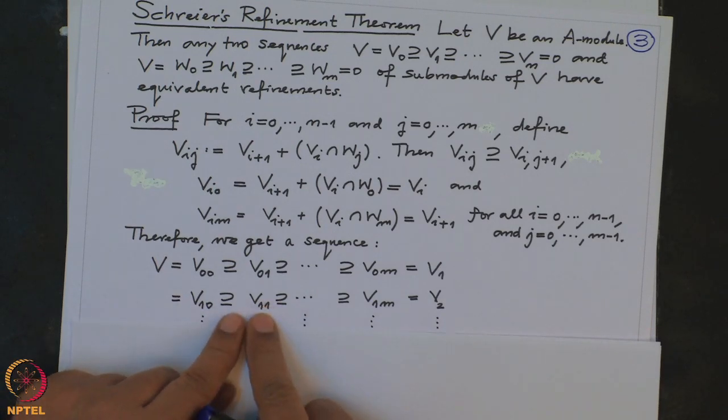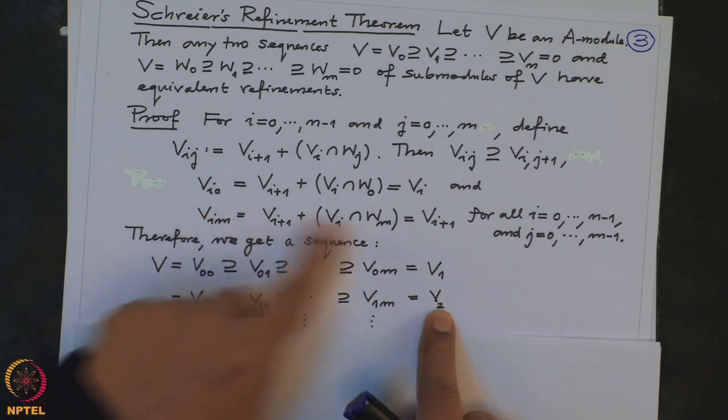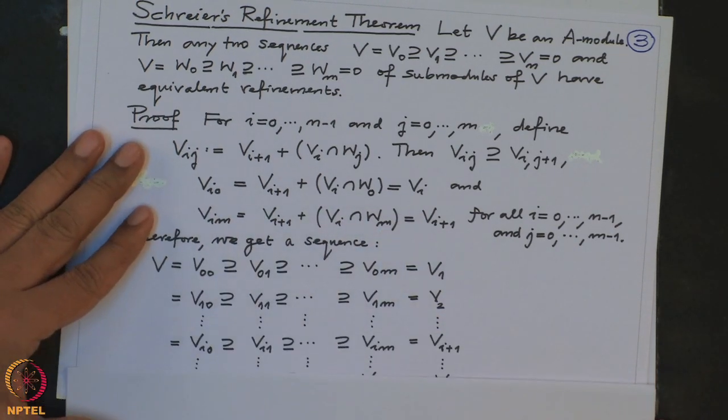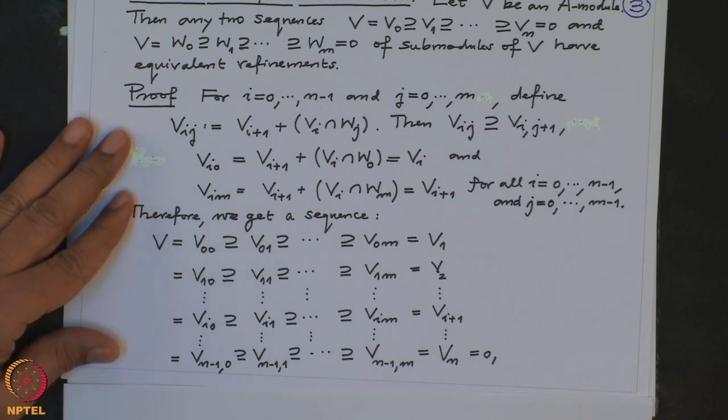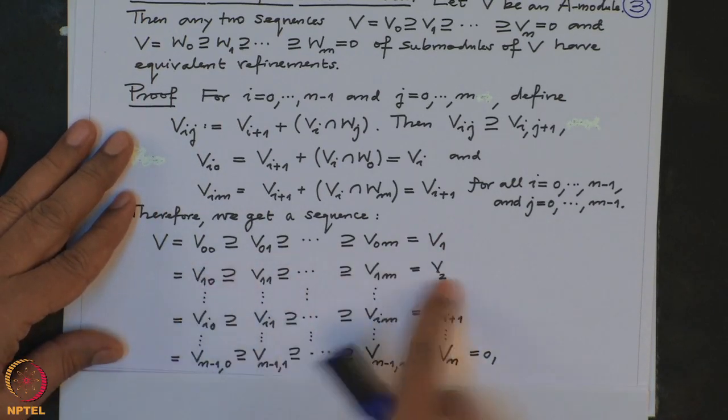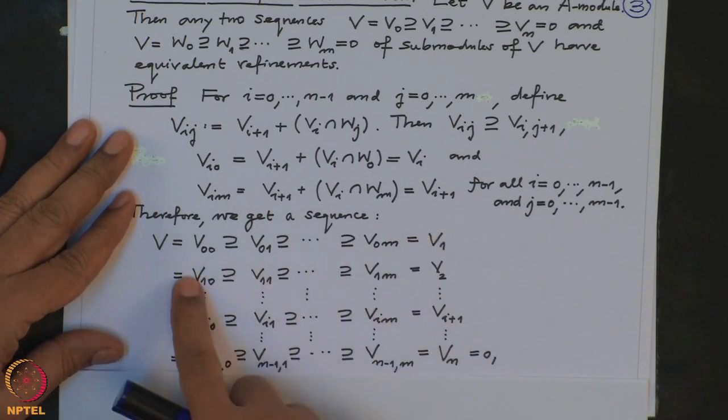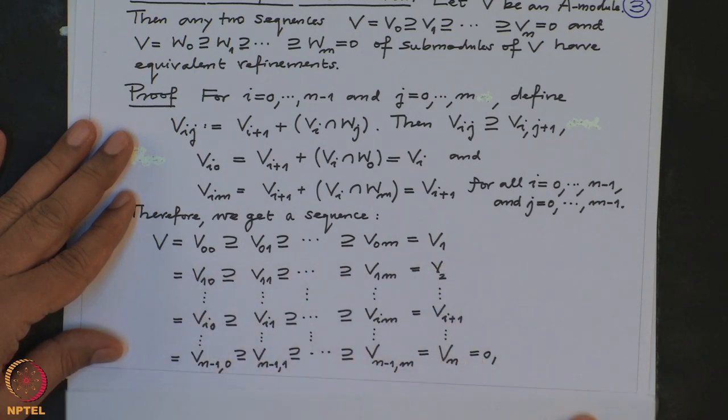Again V11 goes on till V1m, but V1m is V2 and so on. So we have such a decreasing sequence, where this equals this equals this and so on, and the last one is Vn, which is 0.